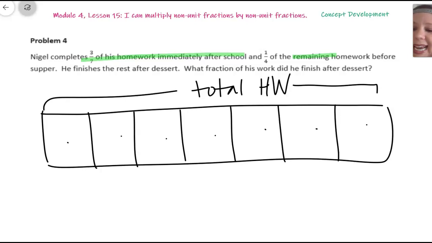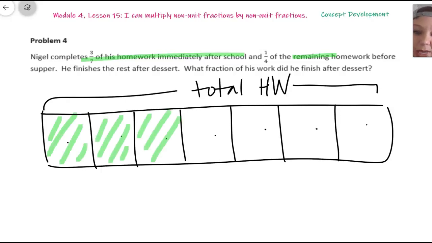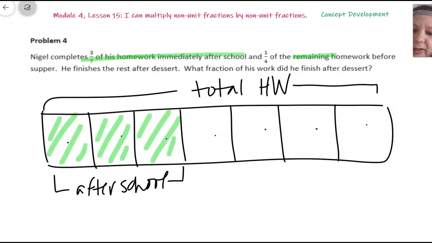And 3 of these represent the amount that he did immediately after school. And that's 3/7.